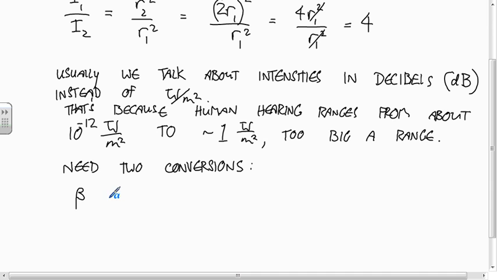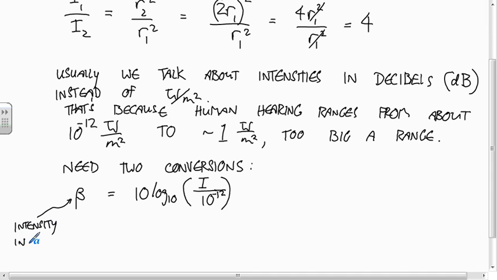And that is beta is equal to 10 times the log base 10 of I over 10 to the minus 12, where beta is the intensity in decibels, and I is the intensity in watts per meter squared.